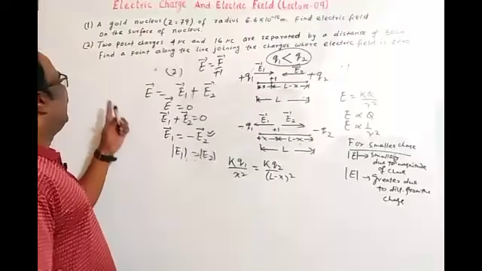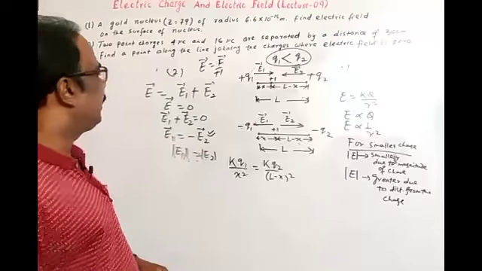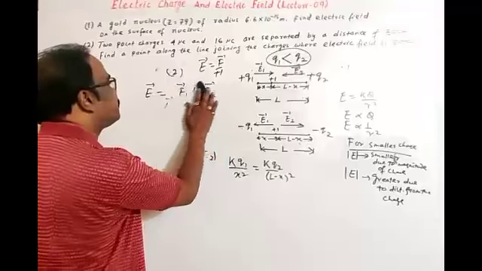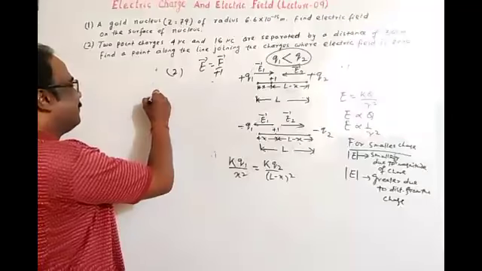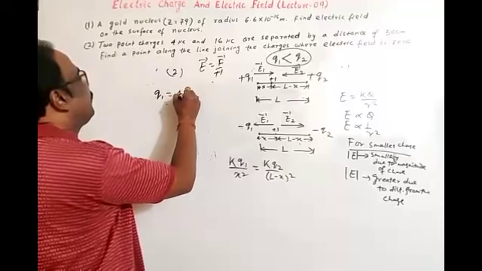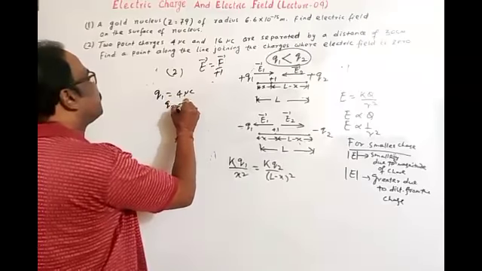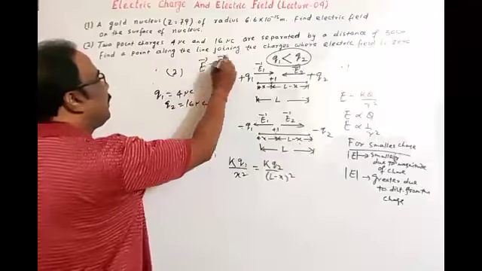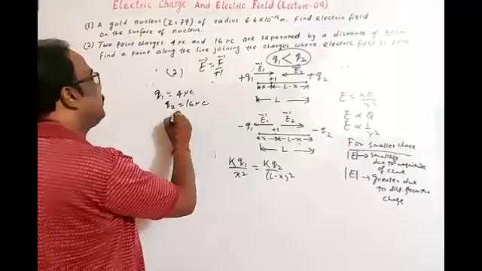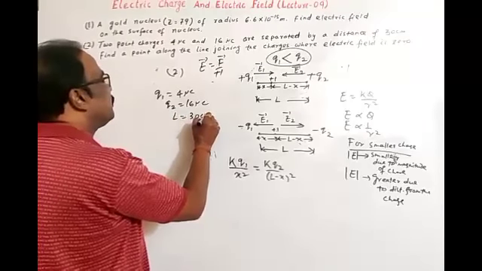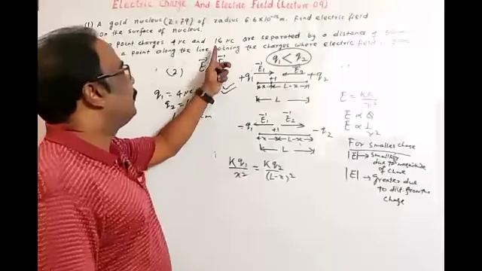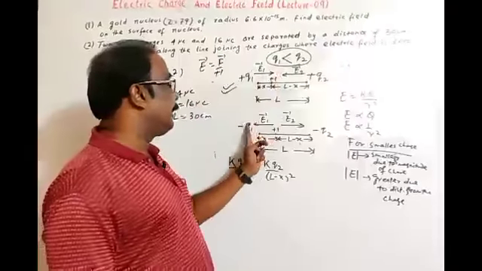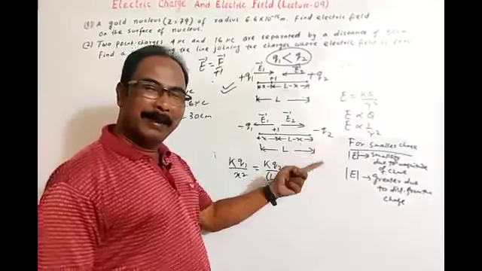Okay, 2 point charges, 4 microcoulomb and 16 microcoulomb, both are positive. Then Q1 is 4 microcoulomb and Q2 is 16 microcoulomb, separated by a distance of 30 centimeter, means L is equal to 30 centimeter. So we may draw this figure. If the charges were negative, we may consider this diagram, any diagram.